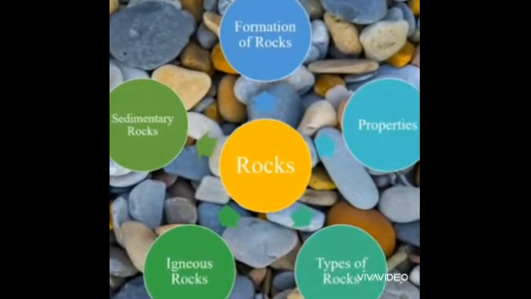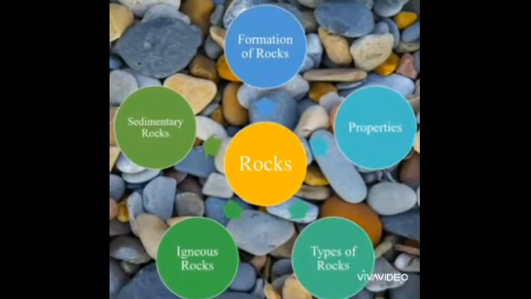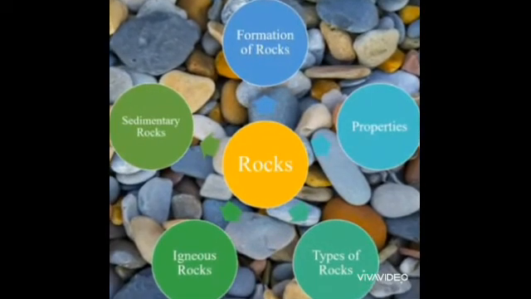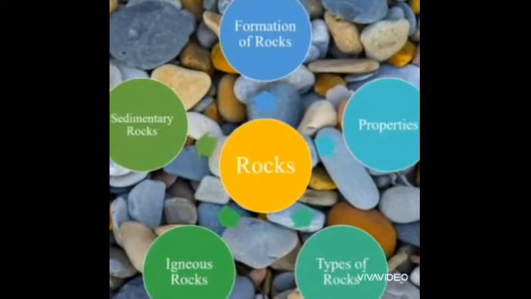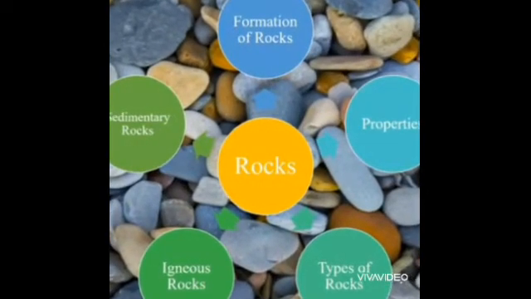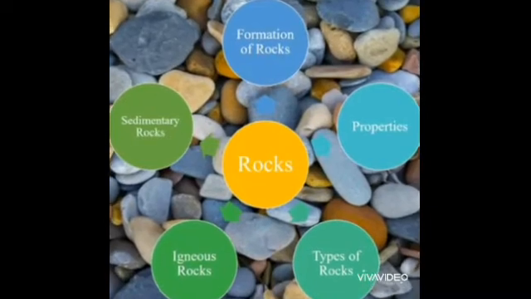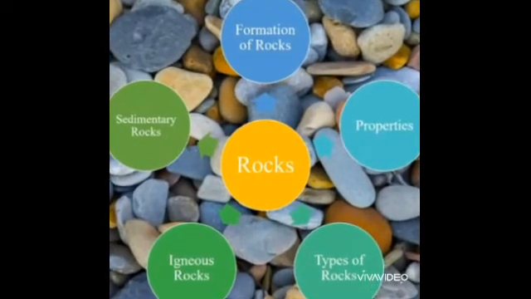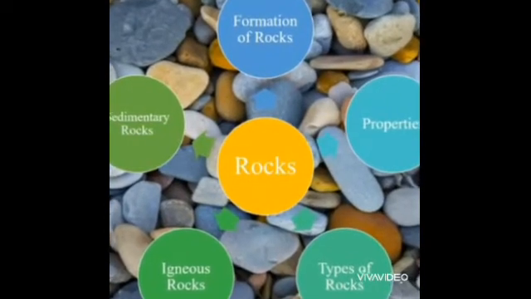We learned how igneous rocks are formed. Molten lava that solidifies gives us igneous rocks. There are two types of igneous rocks: extrusive igneous rocks and intrusive igneous rocks. Granite, pumice are very good examples of igneous rocks.